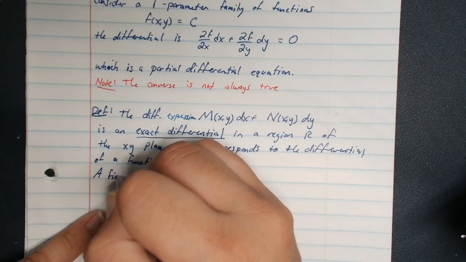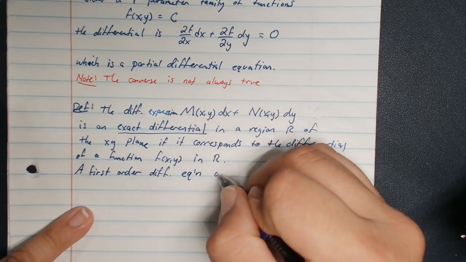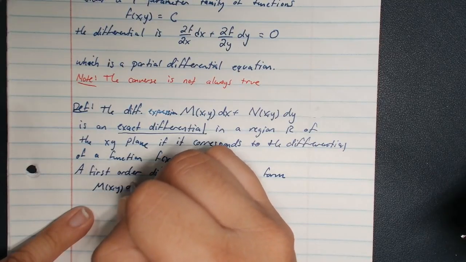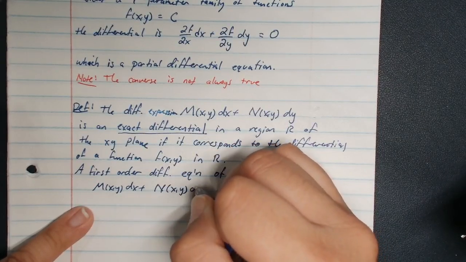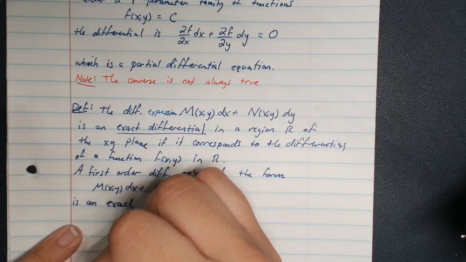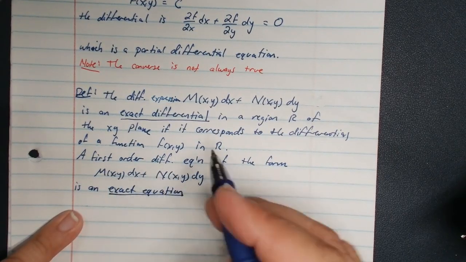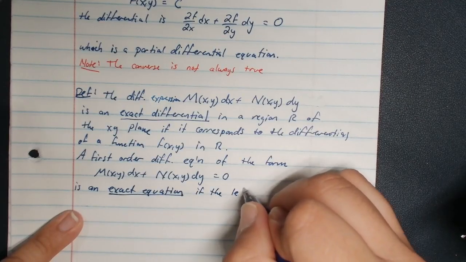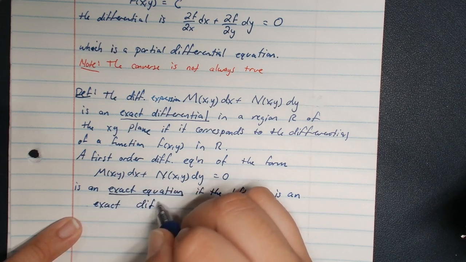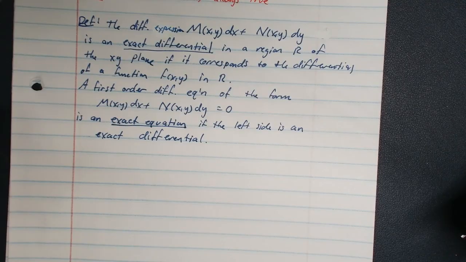A first order differential equation, and this is an equation this time, of the form m of xy dx plus n of xy dy equals 0 is said to be an exact equation if the left side of this is an exact differential. Okay, so I guess those are the kinds of equations that we want.